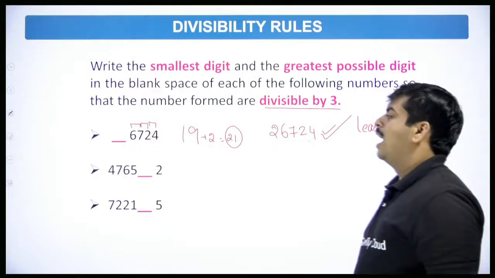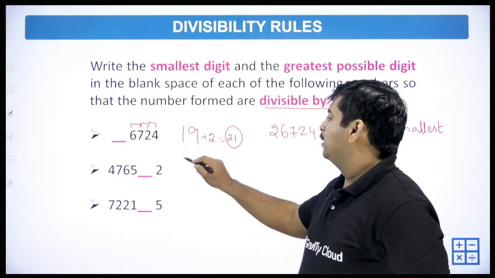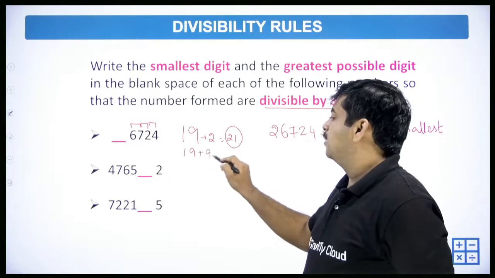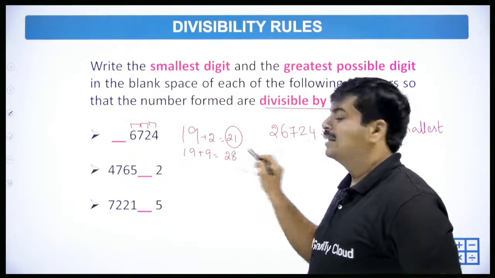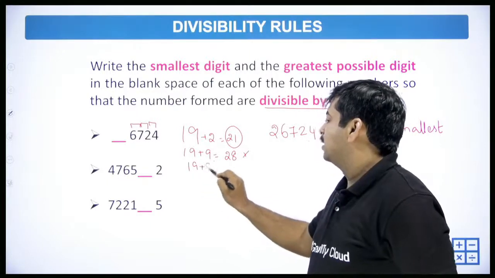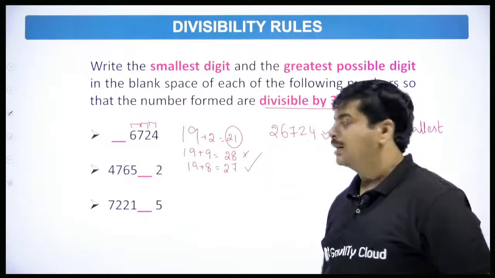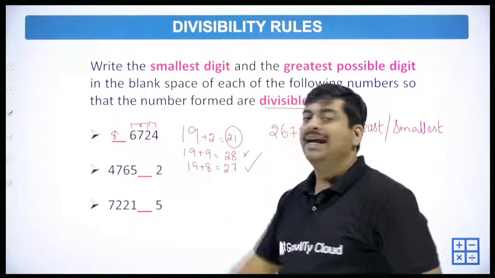Let's move ahead and go with the more digits. 19 plus 9, 28. Is it divisible by 3? No. 19 plus 8, it is 27. Is it divisible by 3? Yes. So the other number we can keep here is 8.